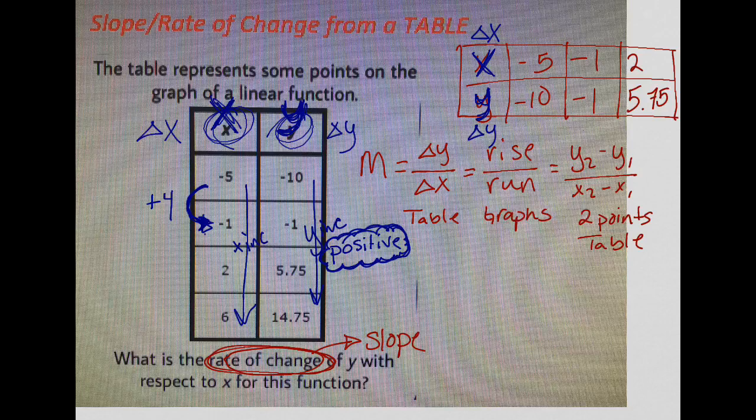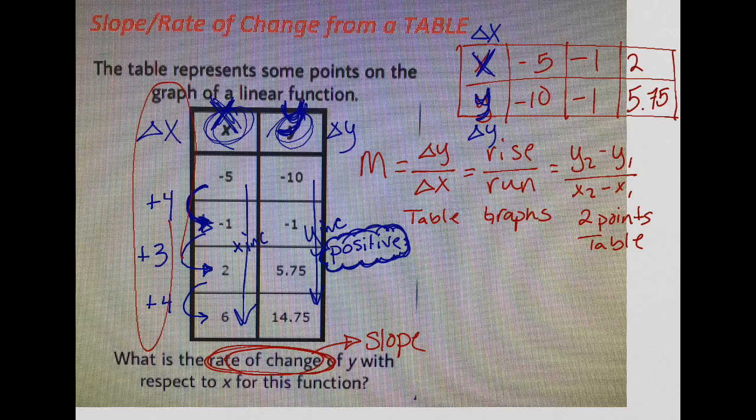So from -1 to 2, that actually goes up -1 to 0, 0 to 1, 1 to 2, so that increases by 3. And then from 2 to 6, that increases by 4 units. Because I do have different change in x values, I should have different y changes. And so when I'm finding my slope using the formula, I want to check all of the options.